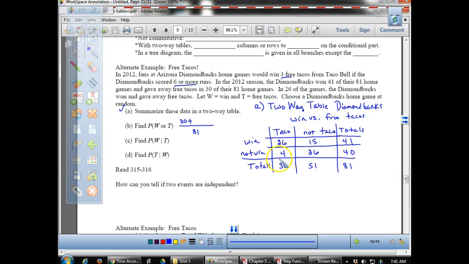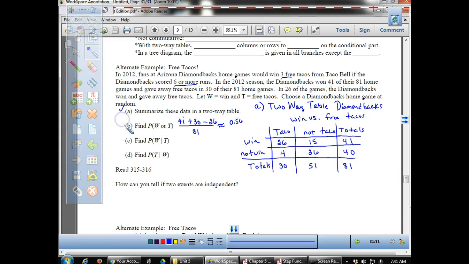And then I need winning, which is 41, sorry guys. So 41 here, 30 here. But I also have to subtract out the overlap, which is 26, because the 41 along this row where they won, and the 30 along this column where they got free tacos, we double counted this 26. So that's another way to look at that. So I'm going to get approximately 0.56.